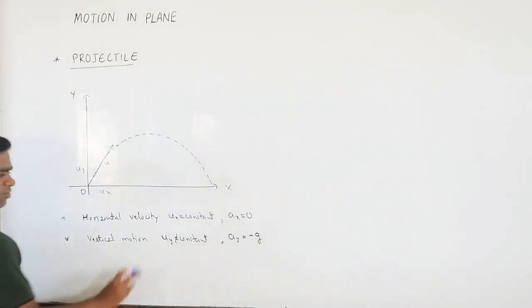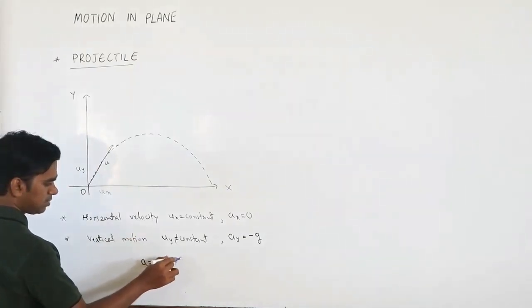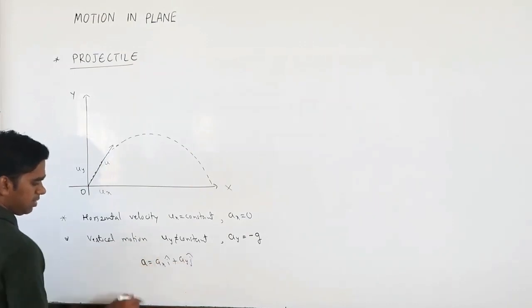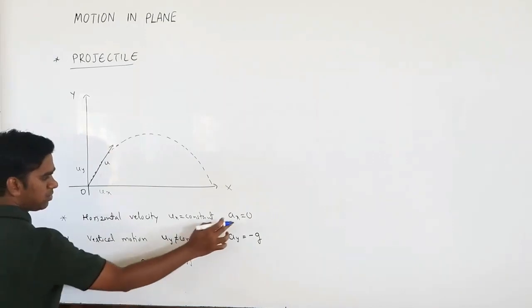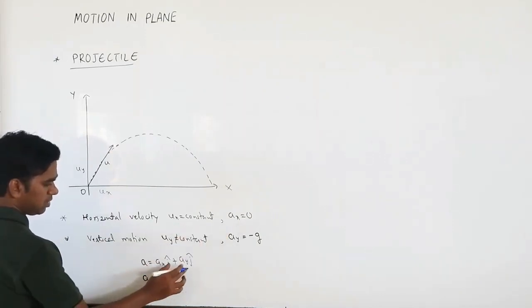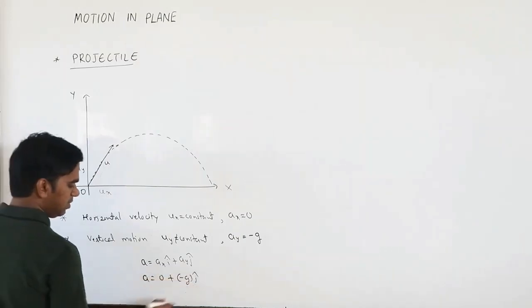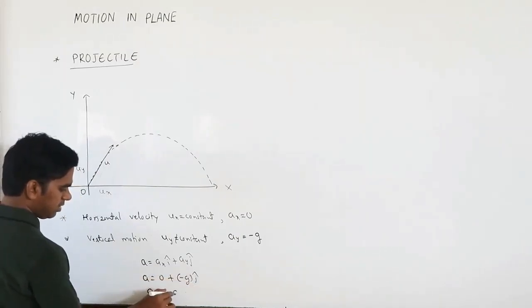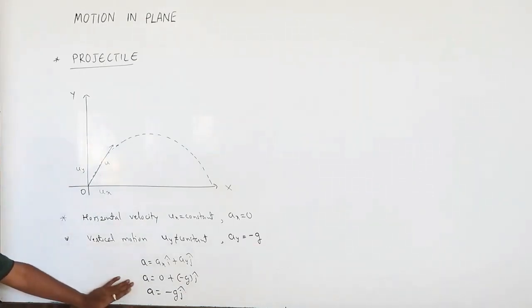So if you write the acceleration, it is ax i cap plus ay j cap. That means acceleration equals 0 plus ay, which is minus g j cap. So acceleration is minus g j cap.